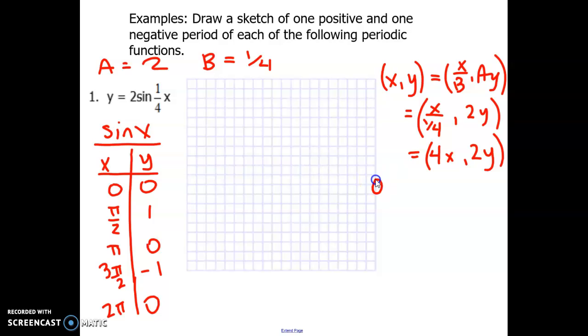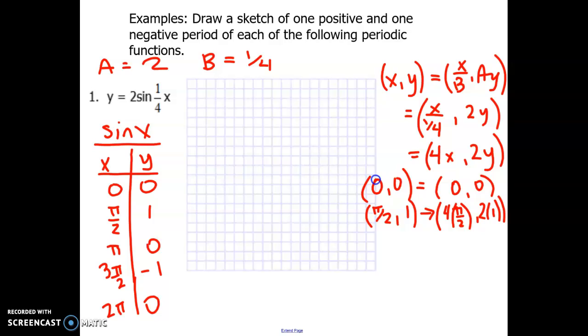My first point is at 0 and 0. When I plug it in, we get 4 times 0 and 2 times 0, which is still 0 and 0. It should make sense that 0, 0 didn't change because we're stretching it. Then let's try pi over 2 and 1. 4 times pi over 2 and 2 times 1 gives us 2 pi and 2.